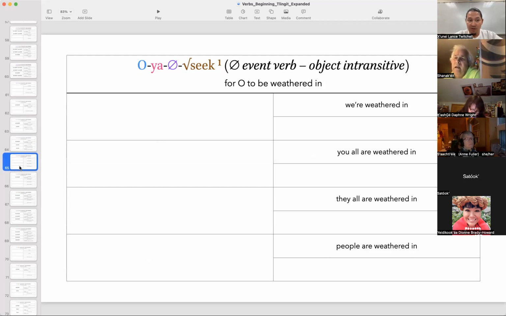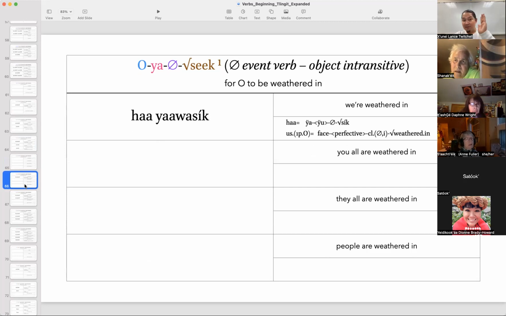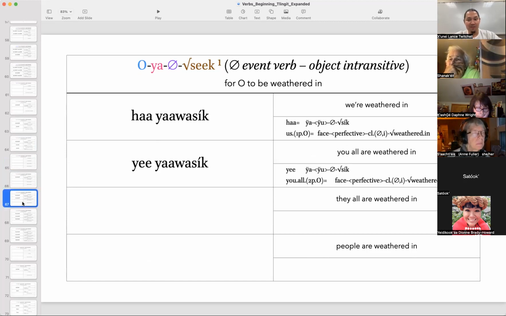Haa Ďáwá Haa, right? So you're not going to get a whole lot of contraction here because this is going to sort of create some space between this vowel ending, right? Yáwá. You're going to get Yáwá all the way down. Y'all are weathered in. Keewáa Sháaxʼ. Yáwá Sháaxʼ. They all are weathered in. Well, you got to pluralize it.